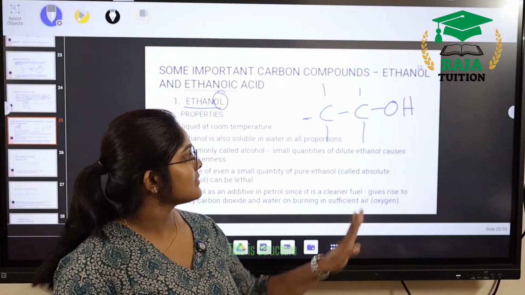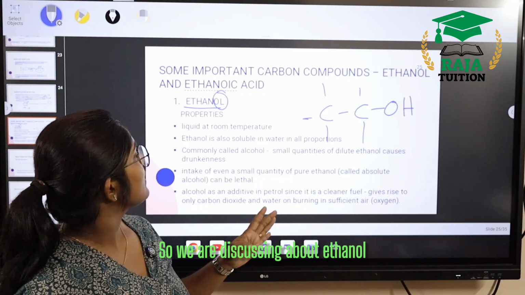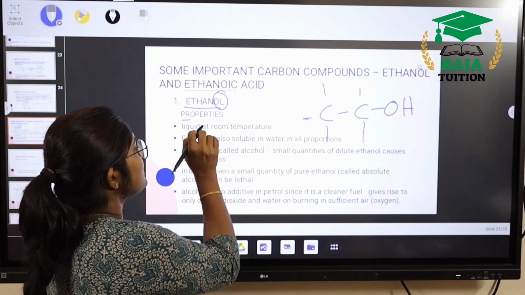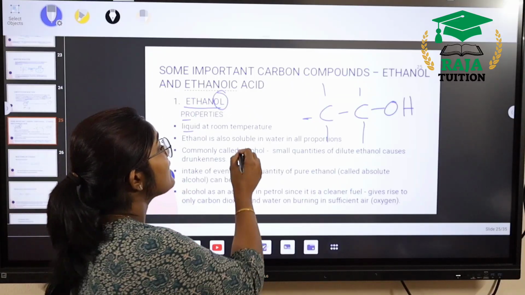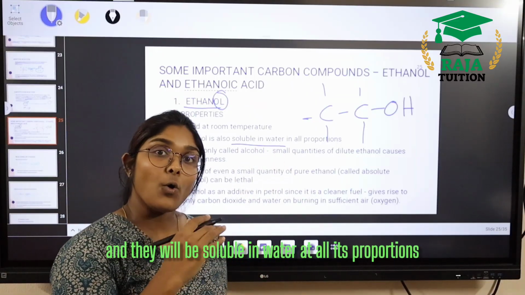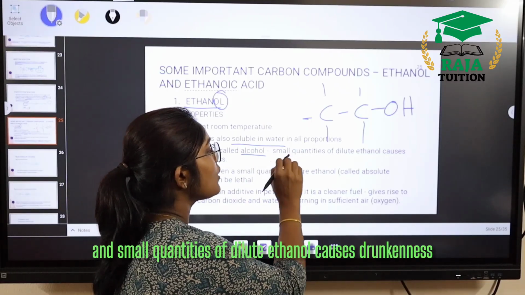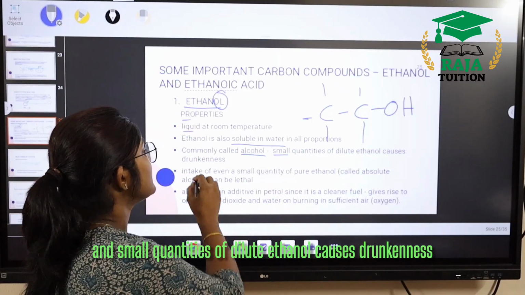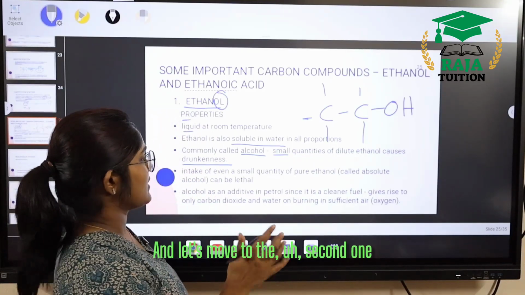This is the simple structure. So we are discussing ethanol. Let's consider its properties. This is simply alcohol. They are liquid at room temperature and soluble in water in all proportions. It is commonly called alcohol, and small quantities of dilute ethanol cause drunkenness. You might know this. Let's move to the next point.